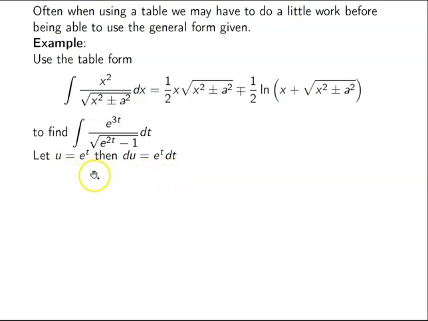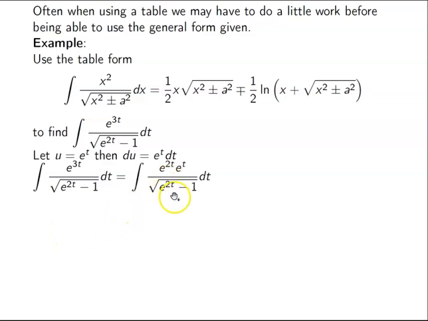Now you might be saying, well, when I plug in u, I'm just going to get all of the same stuff, right? So let's break this e to the 3t apart. Now I have e to the t dt, which is my du.